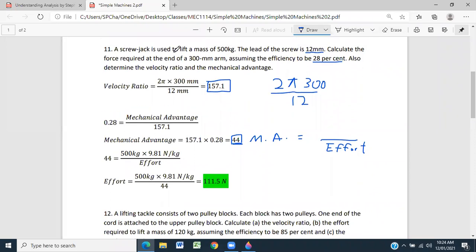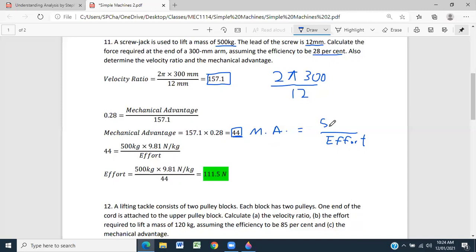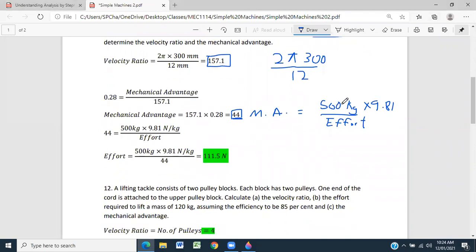A screw jack is used to lift a mass of 500 kgs, and of course we need to multiply that by 9.81 to get weight.